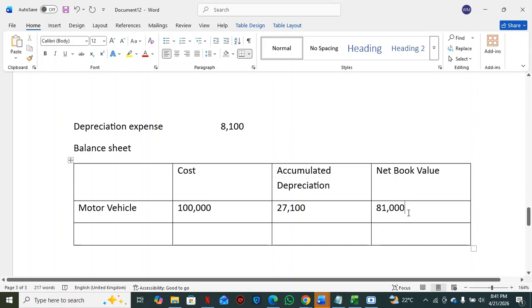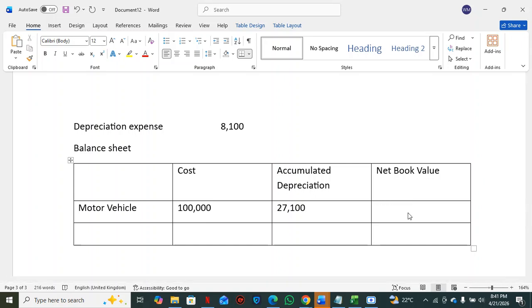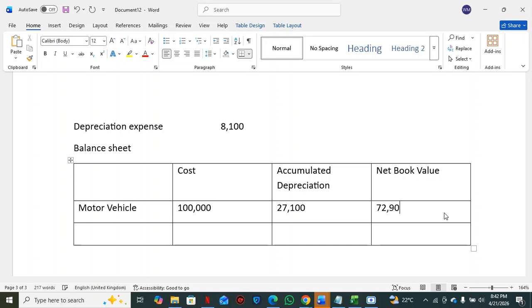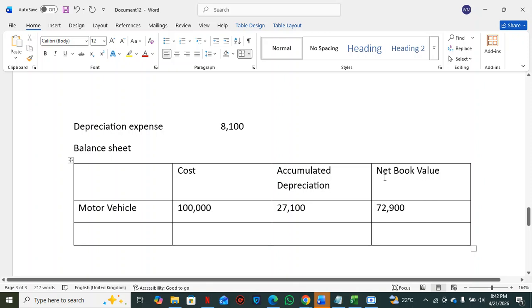So net book value, cost minus accumulated depreciation, 100,000 minus 27,100, you get 72,900.